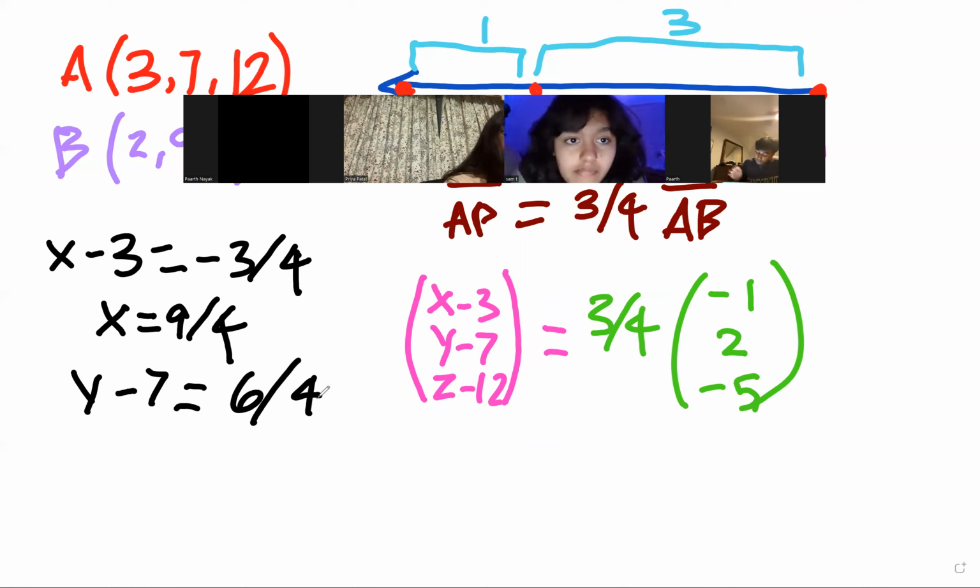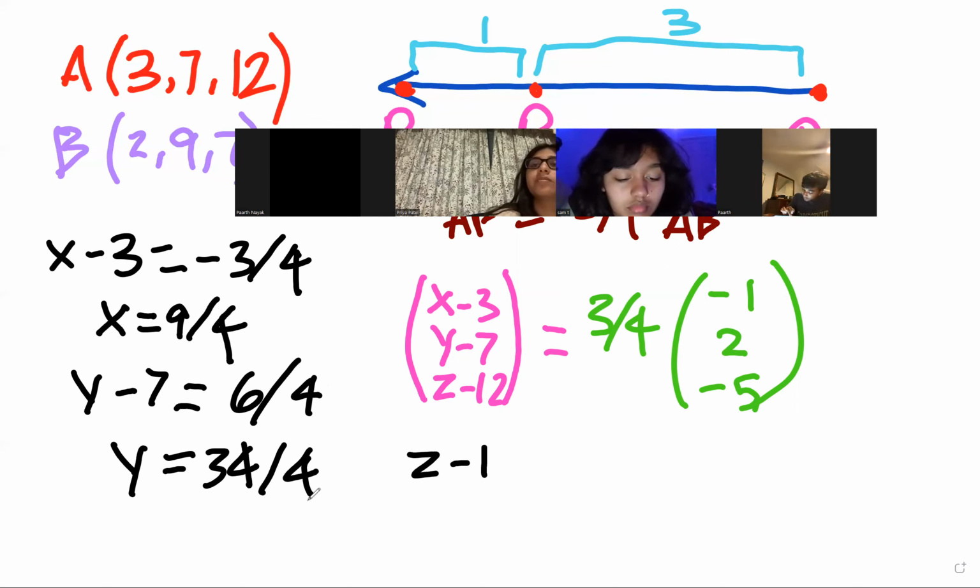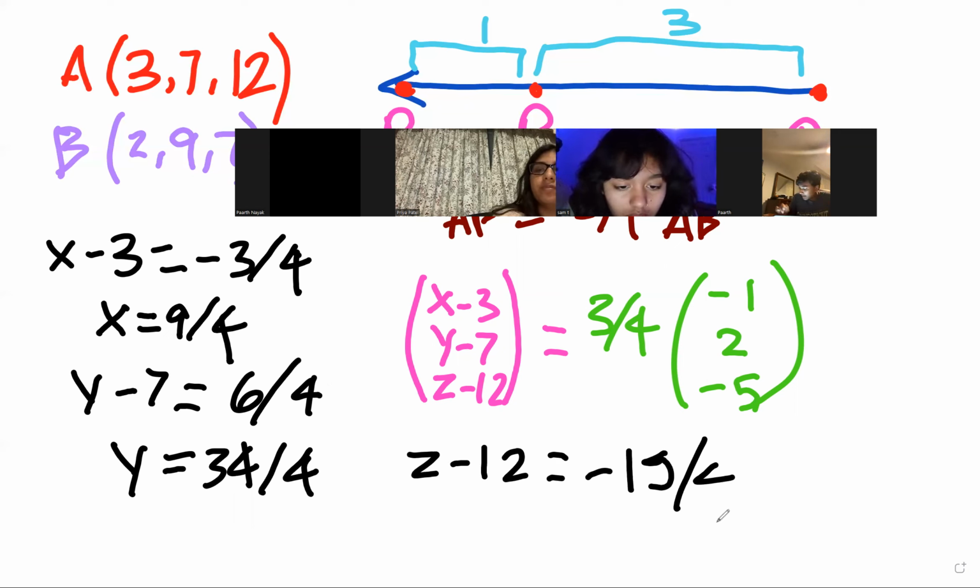And so that would be 28 over 4 plus 6 over 4. So y equals 34 over 4. And then z minus 12 equals -15 over 4. And so that would be -15 over 4 plus 48 over 4. So z equals 33 over 4.